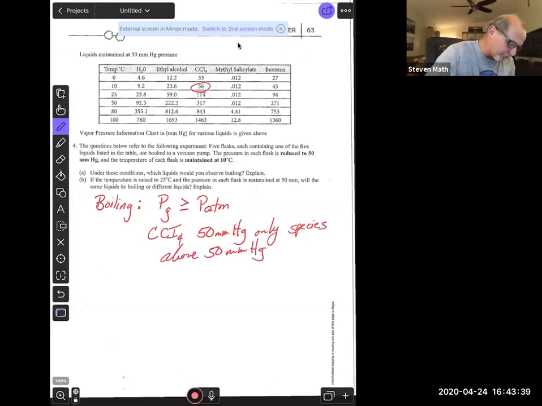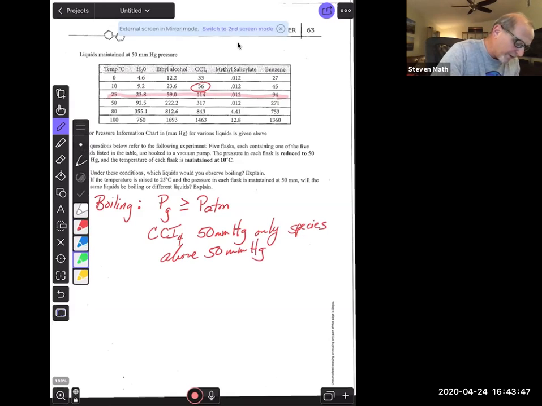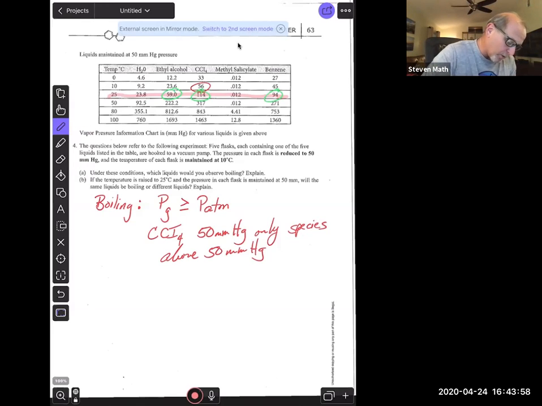Then they say, hey, let's raise the temperature up to 25. Well, now at 25 degrees, now all of a sudden, we've got 1, 2, 3. And obviously, if something boils at 10, it's also going to continue to boil at any temperature above that. And so, which liquids?